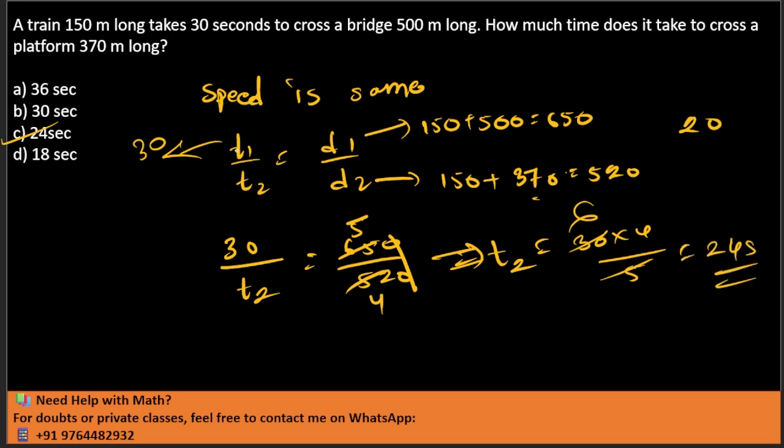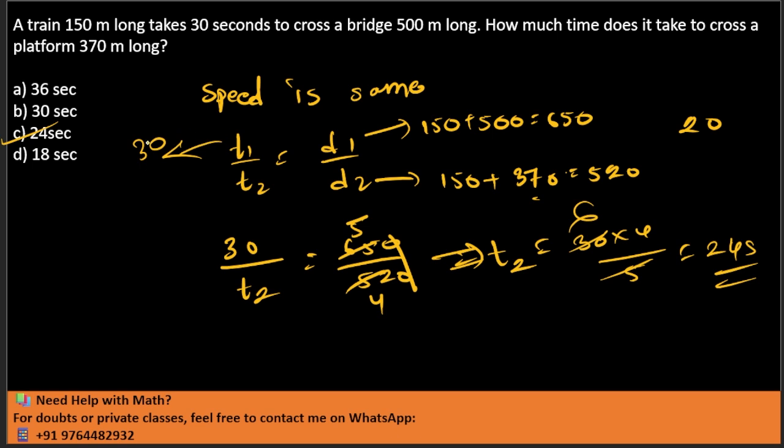So keep in mind that whenever we have two cases, and in both the cases one component is same. The condition is that there must be one component same.